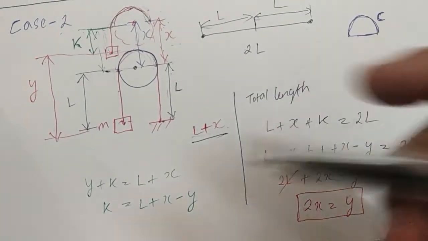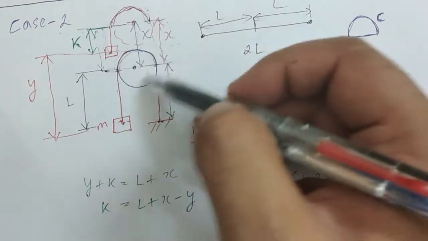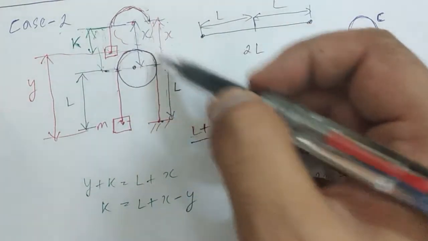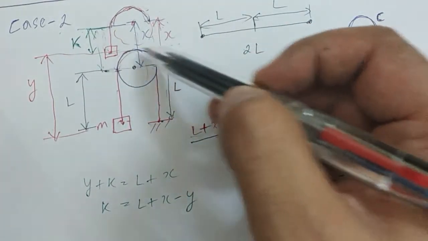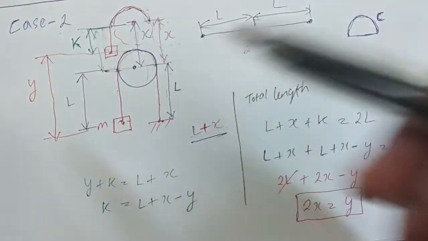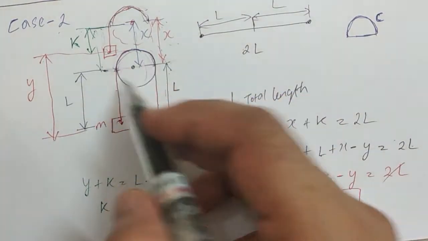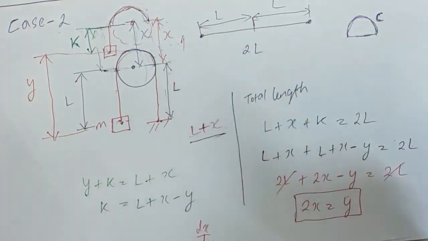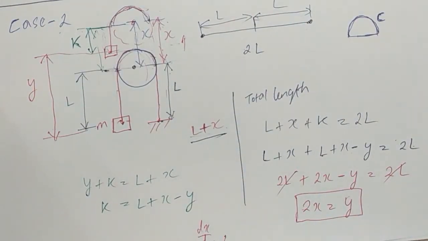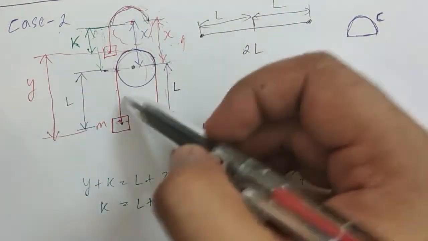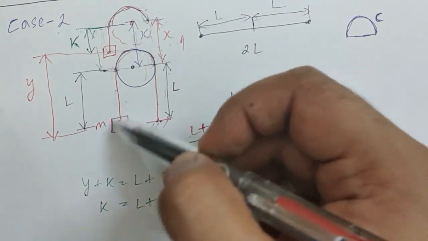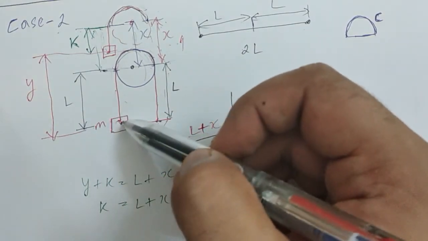Now we can determine the velocity of this wheel, because velocity is nothing but distance traveled by this wheel per unit time, in 1 second. So if you differentiate x, dx by dt is the velocity of this wheel which is in this direction, and if you differentiate y, then it is the velocity of this mass.